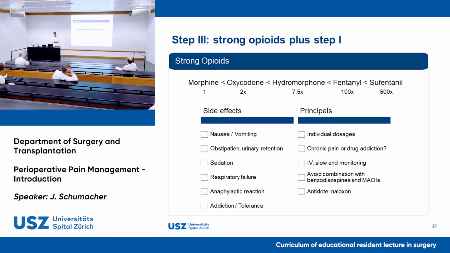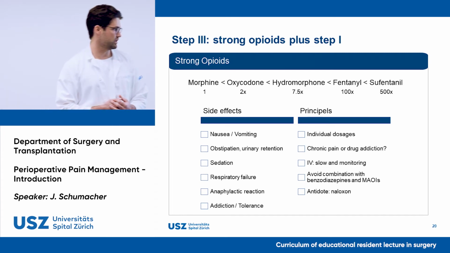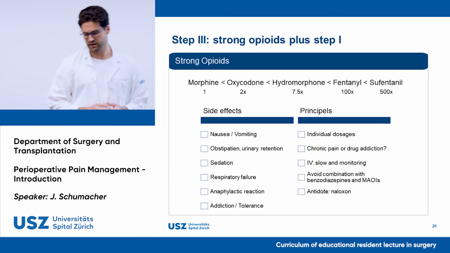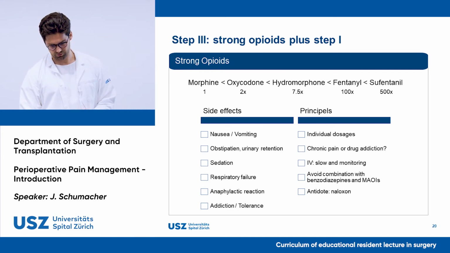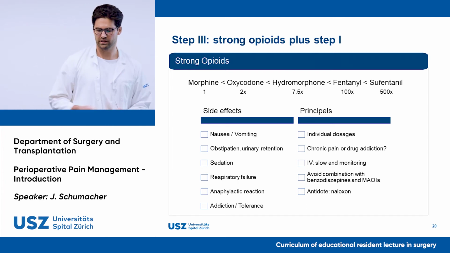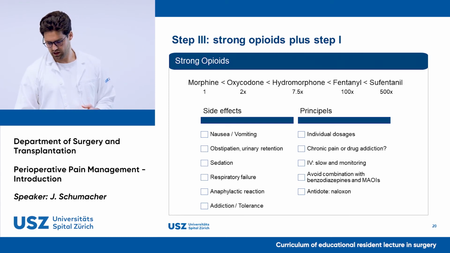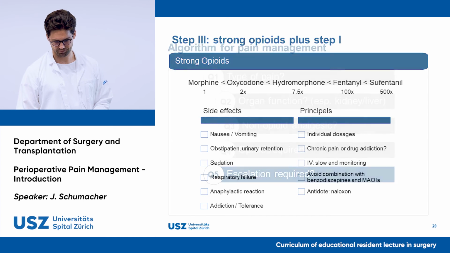Combinations of them with benzos and MAO inhibitors are associated with a higher risk for side effects, and in the worst case, we have an antidote, the naloxone. Side effects of them are, for example, nausea, vomiting, obstipation, sedation, also respiratory failure and tolerance. And for nausea and vomiting and also the obstipation, we have the adjuvants to prevent them.